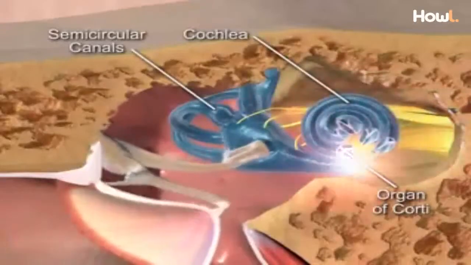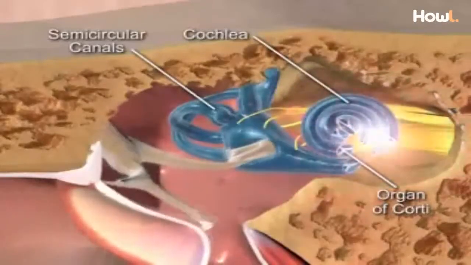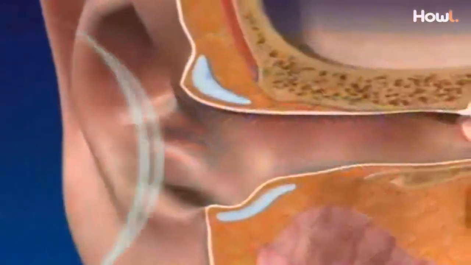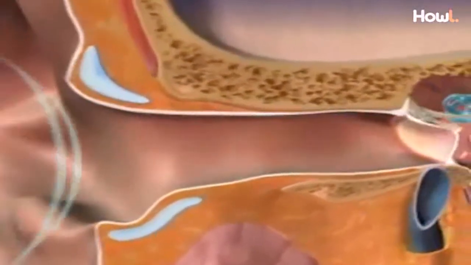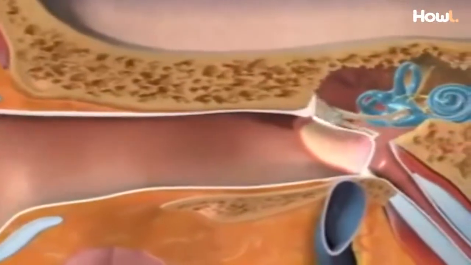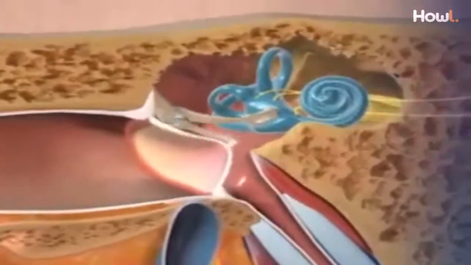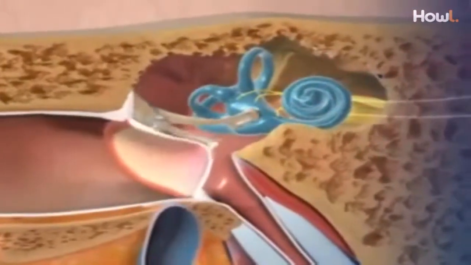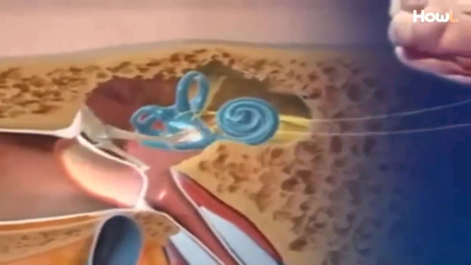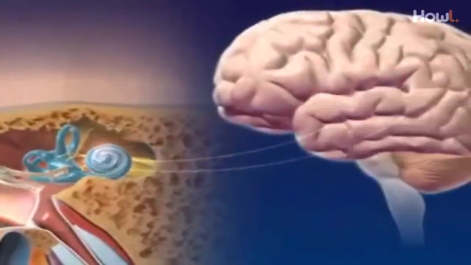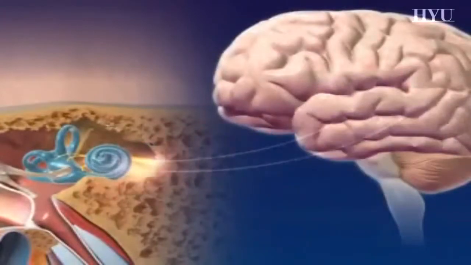The organ of Corti changes the vibrations into nerve impulses that are picked up by the auditory nerve. Sound waves are collected by the auricle, or outer ear, and sent to the auditory canal, tympanic membrane, ear bones, and then to the cochlea, where the vibrations are changed by the organ of Corti to nerve impulses and transmitted by the auditory or cochlear nerve to the temporal lobe of the brain for interpretation.